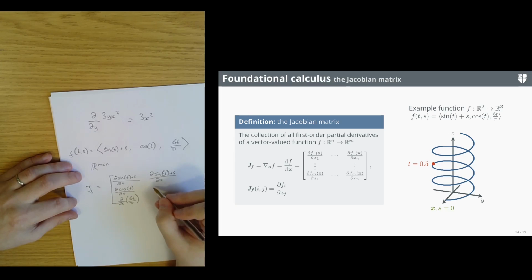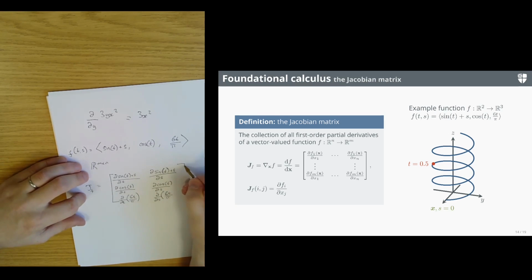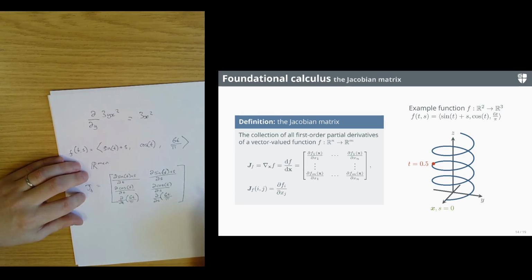Okay, and here partial cosine t with respect to s, and then lastly the partial of 6t over pi with respect to s. Okay, so to differentiate, we have to now differentiate all of these, so I'll write it out.